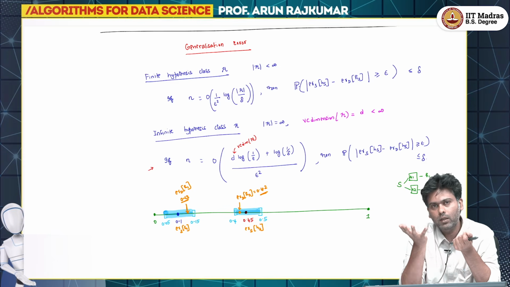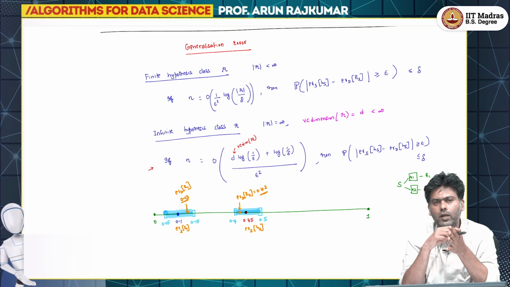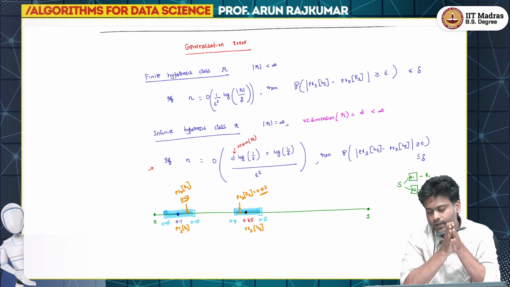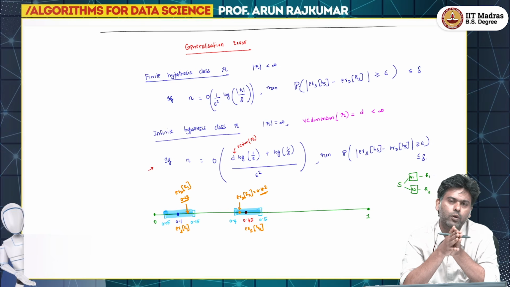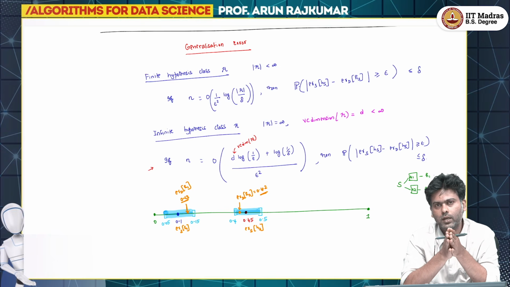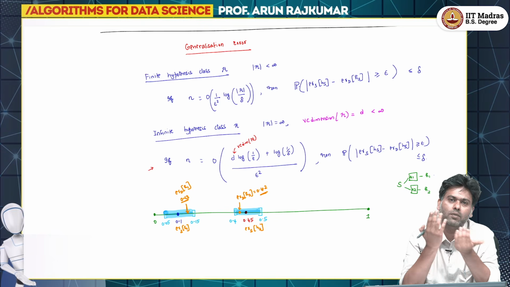But if our algorithm picks H2, let us say the algorithm gives me only one classifier and that was H2, then the only statement I am able to make so far is that I saw a training error of 0.45, and if I use this classifier on my test data, the test error is going to be somewhere between 0.4 and 0.5 with very high chance.